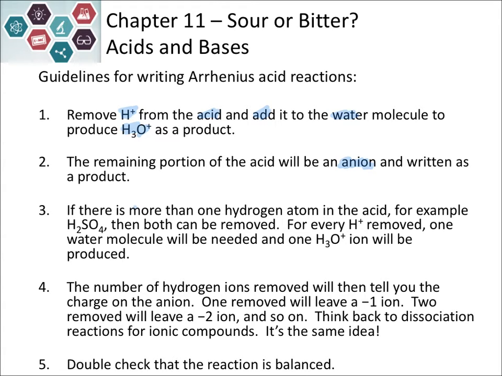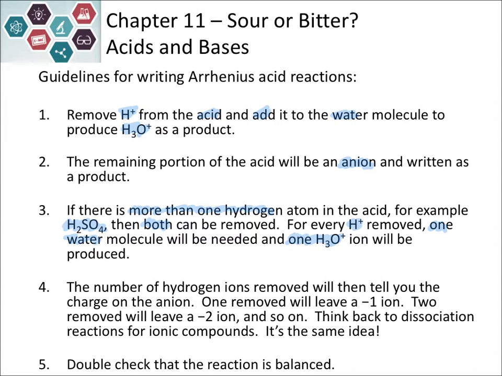If you have more than 1 hydrogen in the acid, for example H2SO4, then both of them will be removed. And for every hydrogen ion removed, you're going to need 1 molecule of water. Each hydrogen ion and each water molecule is going to make 1 hydronium, and you'll figure that out through balancing.